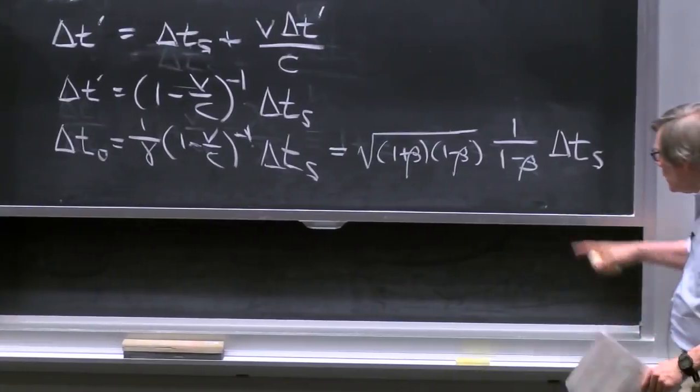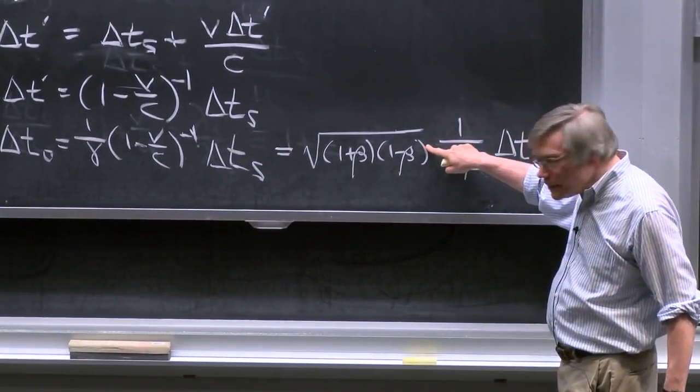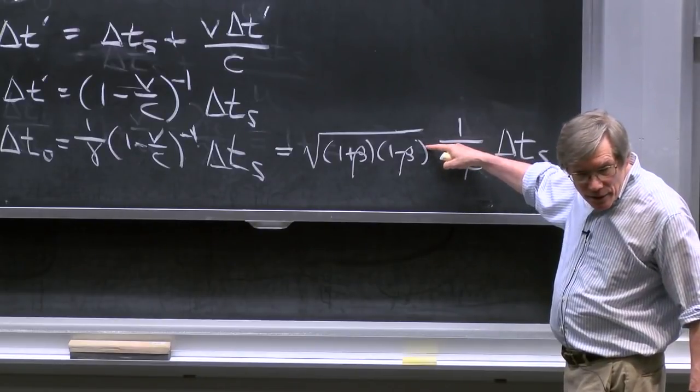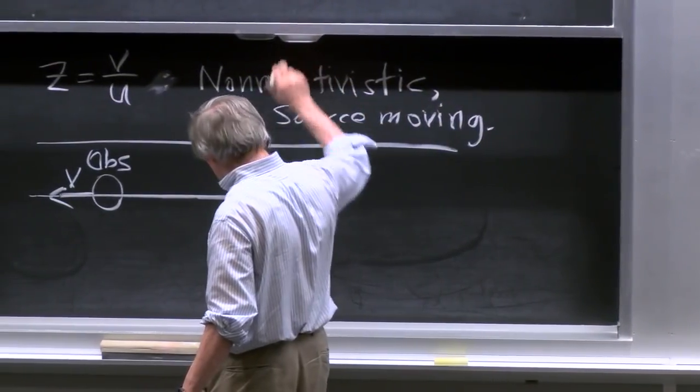OK, finally, the 1 minus beta, you see, occurs to the first power in the denominator and the half power in the numerator. So we do indeed get exactly what we wanted.